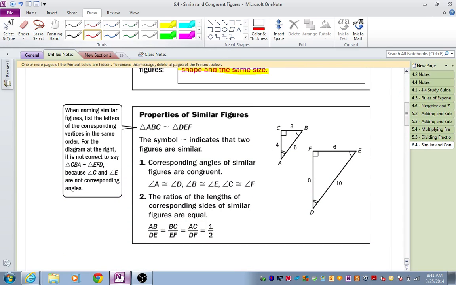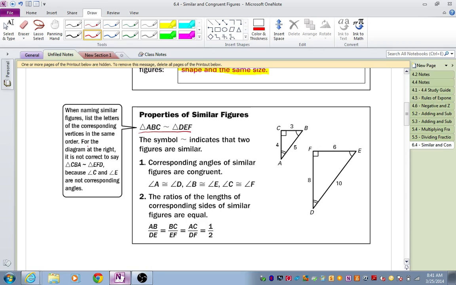Okay, so some properties of similar figures. Now, if you'll notice here, the way this is read is that triangle ABC is similar to triangle DEF. And our little note on the side says, when naming similar figures, list the letters of the corresponding vertices, which is the corresponding angles, in the same order.